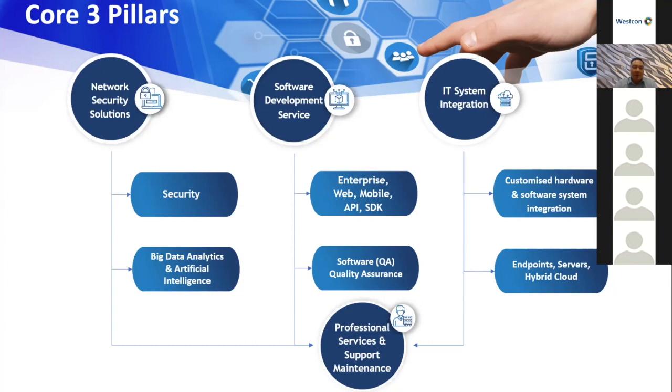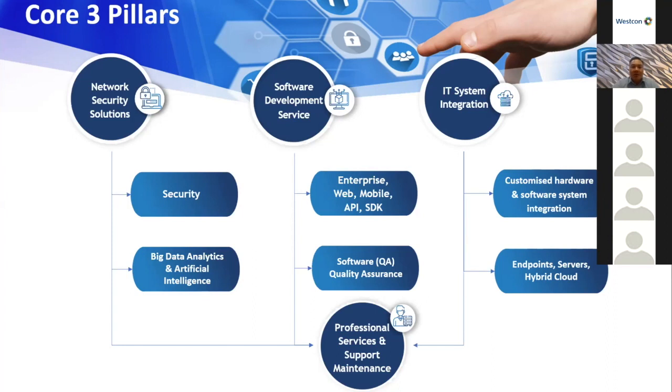We also cover endpoint protection, and even cloud security. In terms of big data analytics and artificial intelligence, although big data and AI can be used in different domains, in our case, we have applied big data analytics and AI in the network security solution itself. So that is the first pillar that we work on, network security solutions.